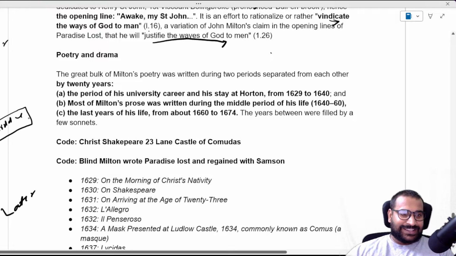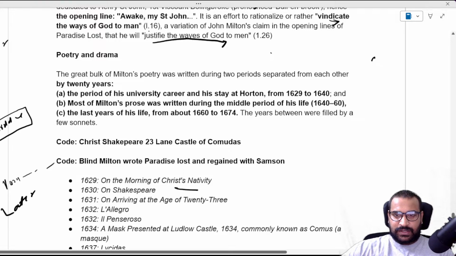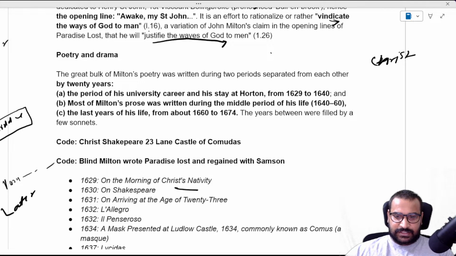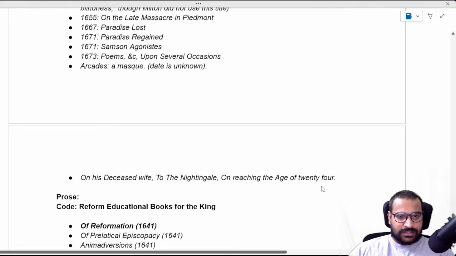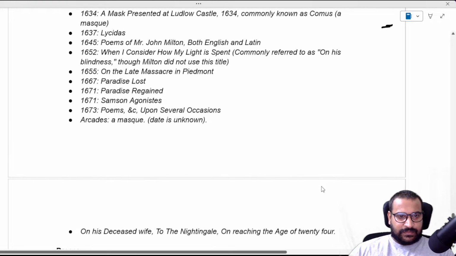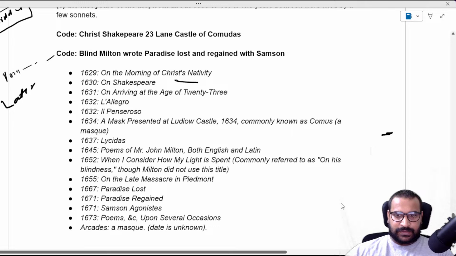All these were written in the middle period. In the later period we have Paradise Lost, then Paradise Regained, and then Samson Agonistes. So this order you have to remember. Of the earlier works, the first one you should remember is Christ's Nativity. First one Christ, and at the end, Samson Agonistes, right?